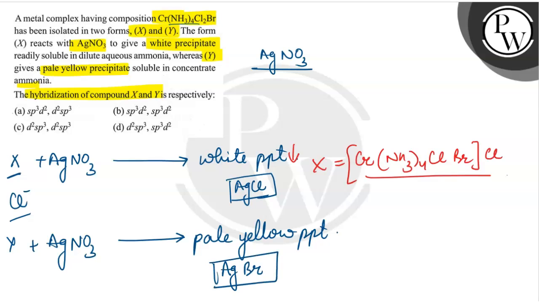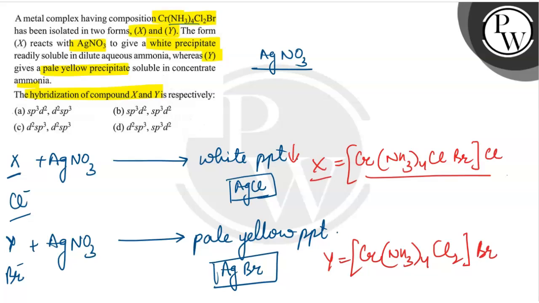This is the distinguishing test: when we do the AgNO3 test, we know which compound each colored precipitate belongs to. So Y is a complex which has Br as the outer sphere ion, and our Y is Cr(NH3)4Cl2 with Br outside. We have both our X and Y formulas.